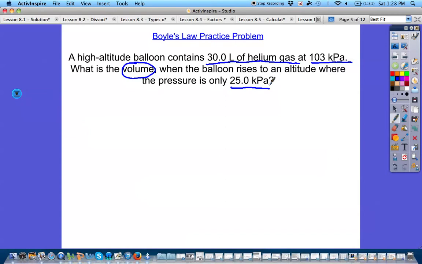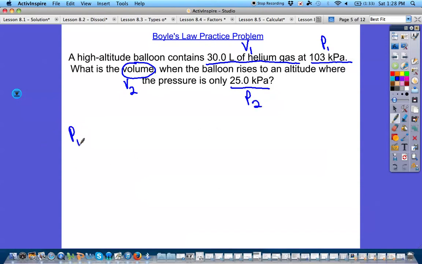So as I read through this question, I underlined the numbers and units that were given to me, and I circled the variable I wanted to find. So 30 liters, this is going to be our V1. 103 kilopascals is going to be our P1. We want to find V2, and we are given P2.